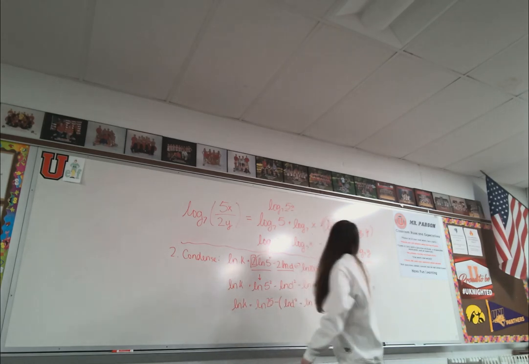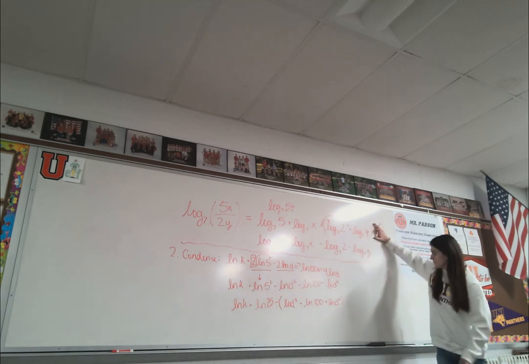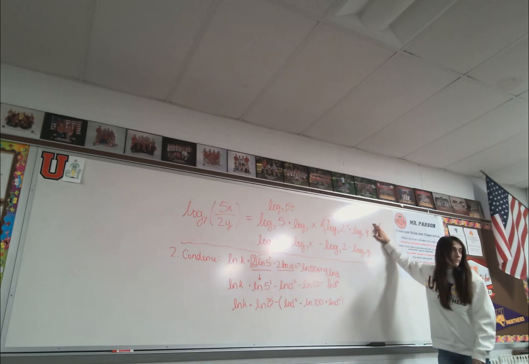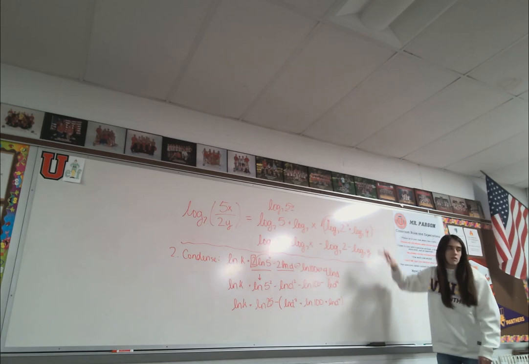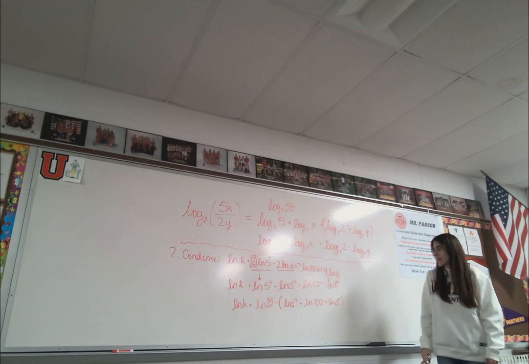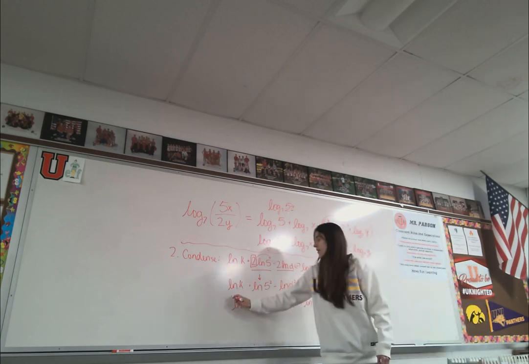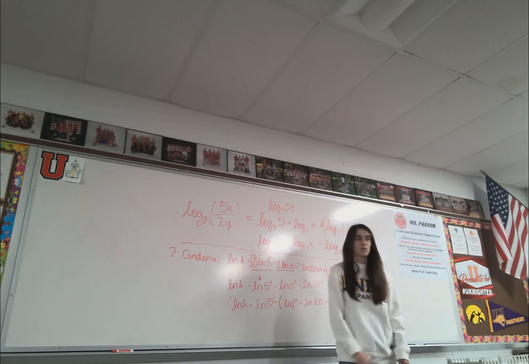Okay, so now we have something. We started with this, now we're here. How do you guys want to break this up? How should we start? I see something in parentheses, but we could also put those in parentheses too.